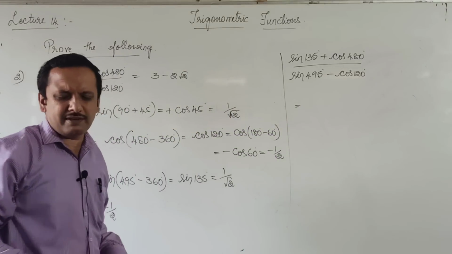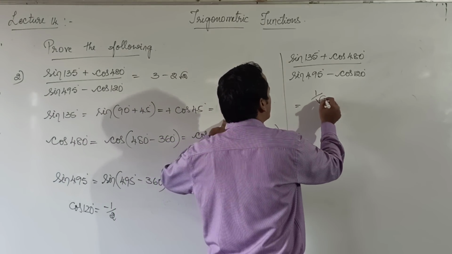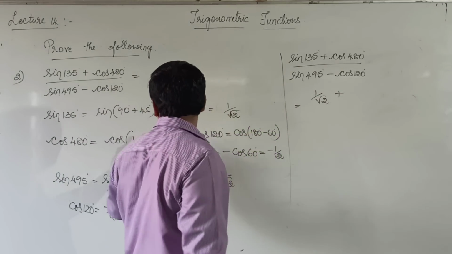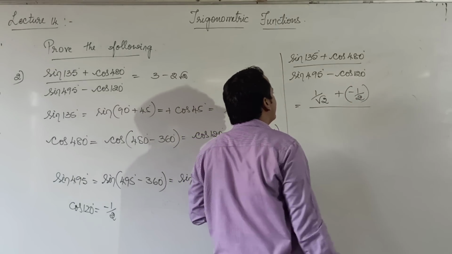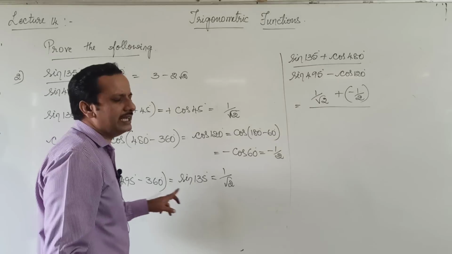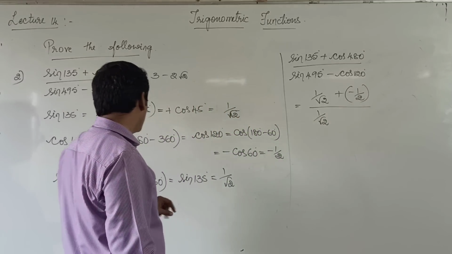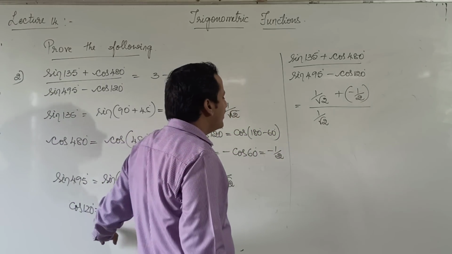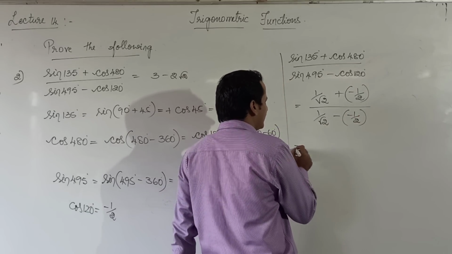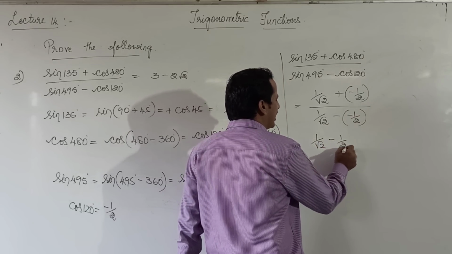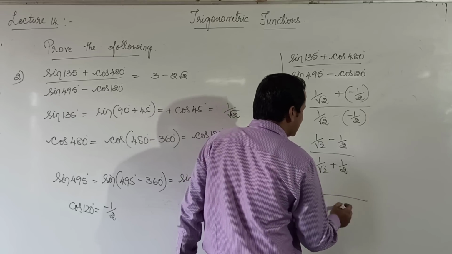That's equal to sine 135 degree, that is 1 by root 2, plus cos 480 degree, we got its value as minus 1 by 2, divided by sine 495 degree, which is also 1 by root 2, minus cos 120 degree, cos 120 degree is minus 1 by 2, minus of minus 1 by 2. That's equal to 1 by root 2 minus 1 by 2 divided by 1 by root 2 plus 1 by 2. I will take LCM here.